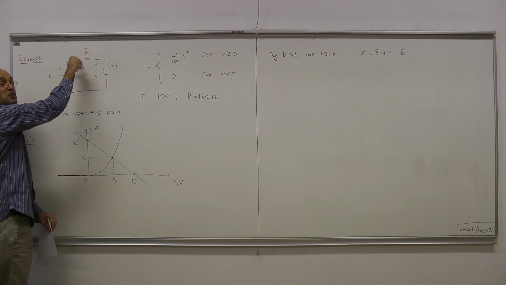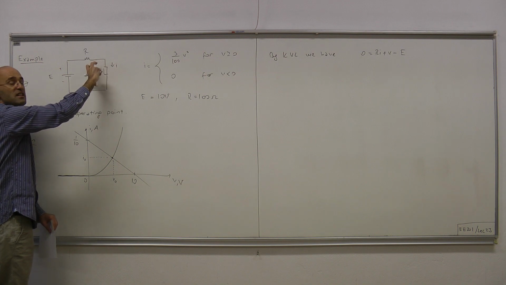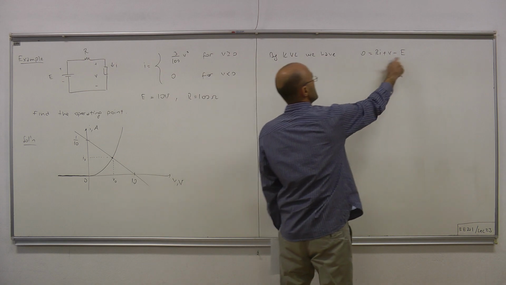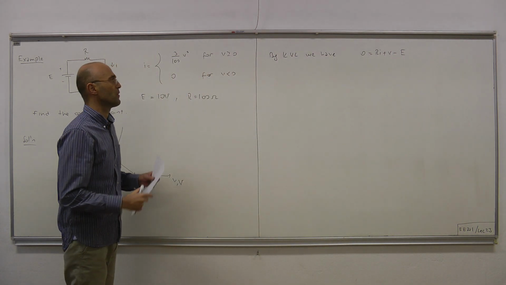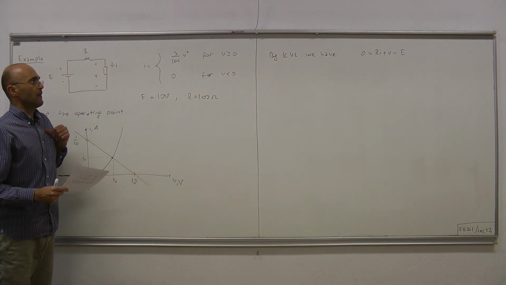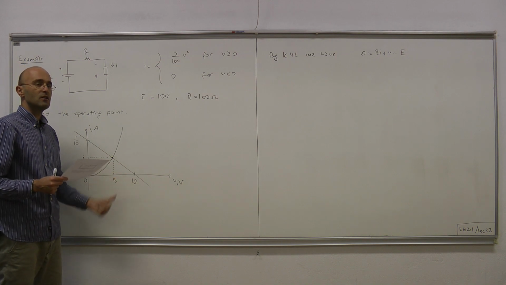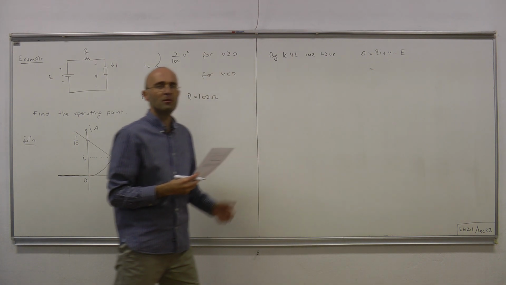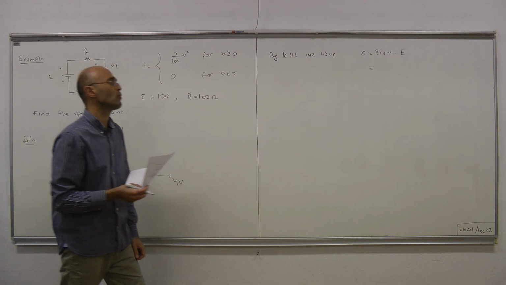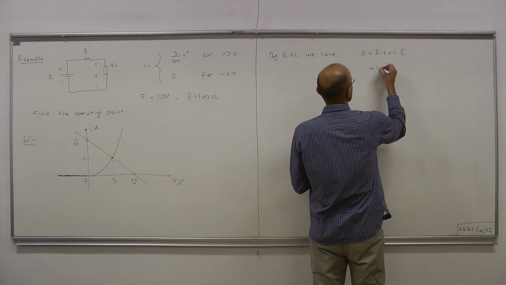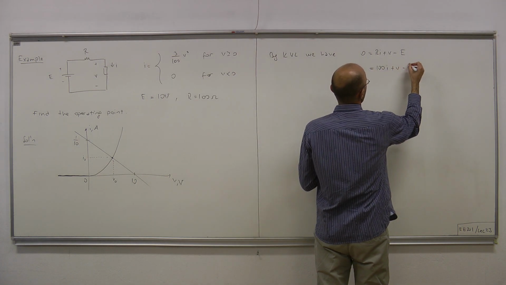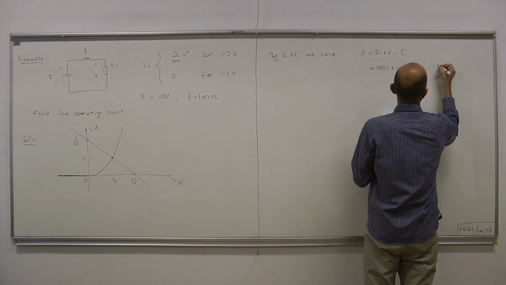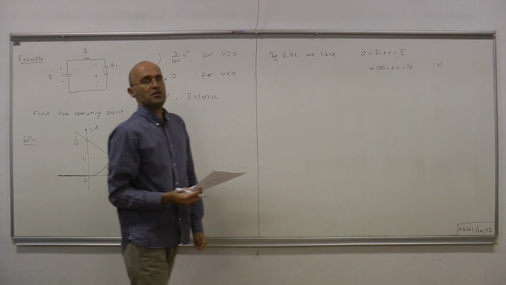This voltage is R times I, this voltage is V, and this one is minus E. So Ri plus V minus E equals 0 is the equation that describes the load line. R is given to be 100 ohms and E is 10 volts, therefore this equation becomes 100I plus V minus 10 equals 0. Let's call this equation number 1.